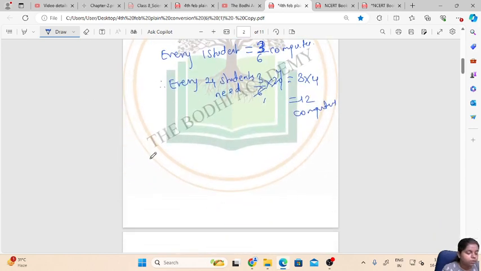Then the next problem that we saw, the population of Rajasthan they have given. Third problem: population of Rajasthan is 570 lakhs. UP is 1660 lakhs.